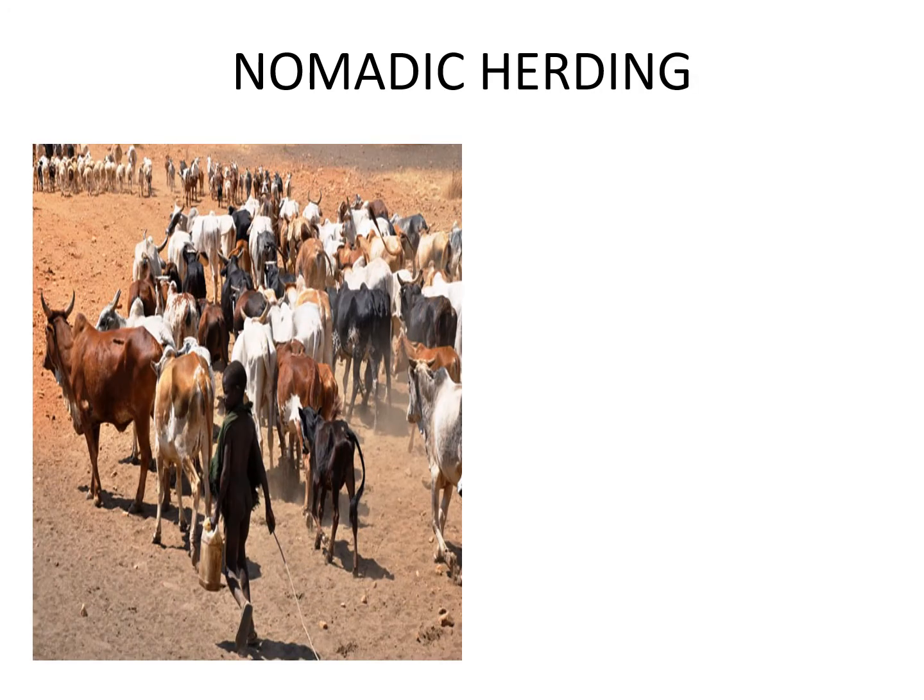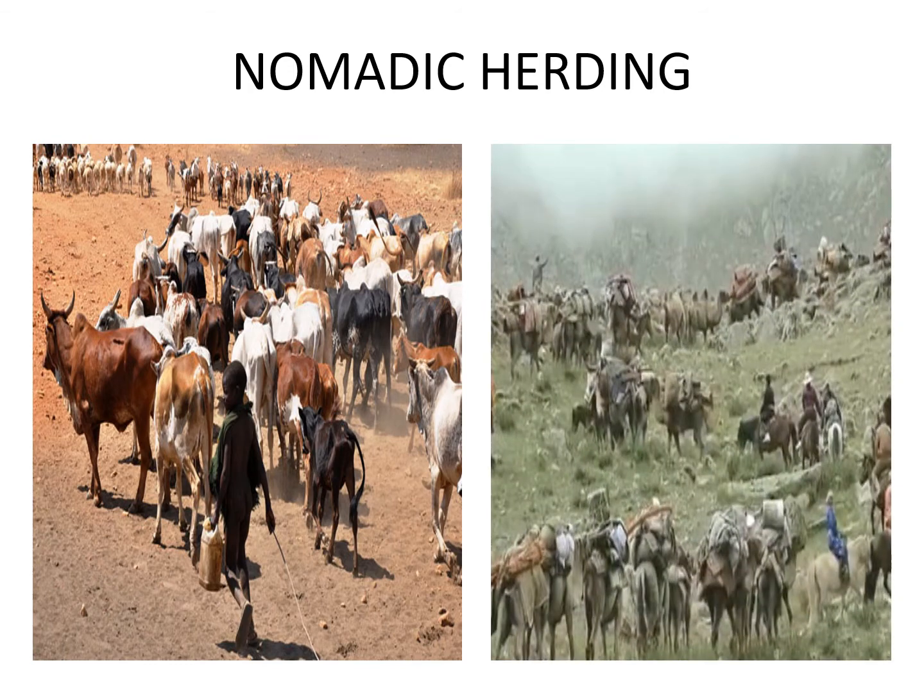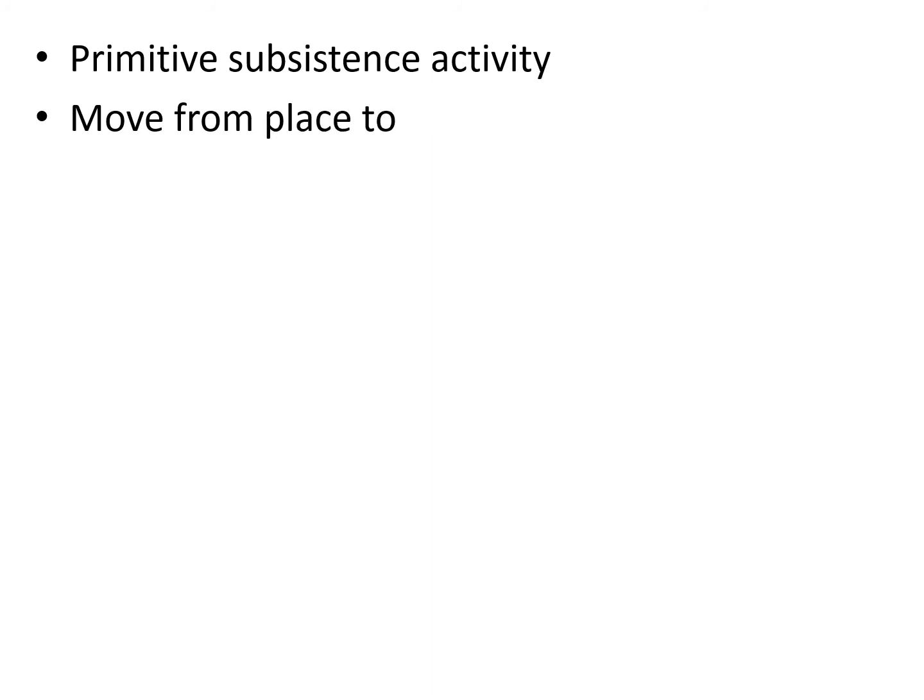Nomadic herding, which is also called pastoral nomadism, is a primitive subsistence activity in which herders rely on animals for food, clothing, shelter, and transport, and move from one place to another depending on the amount of pasture and water available in an area.